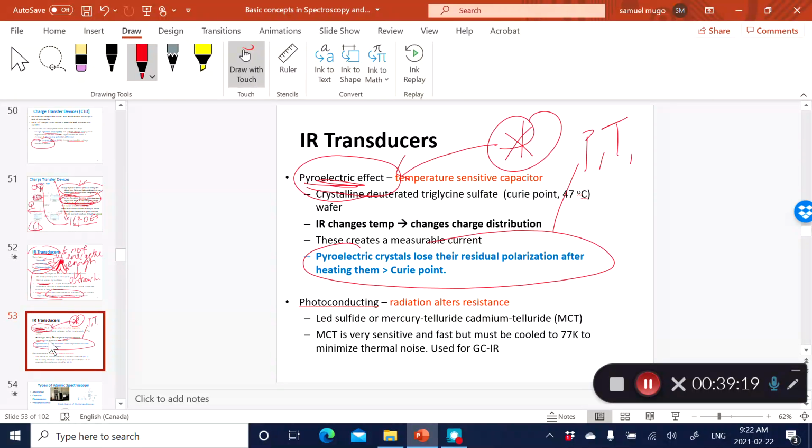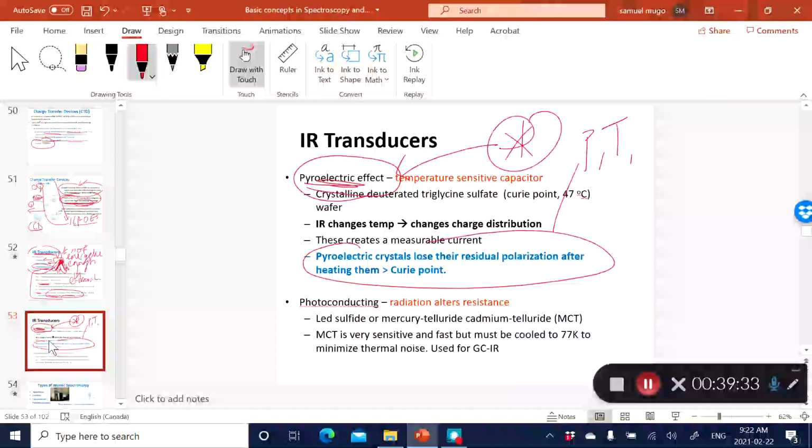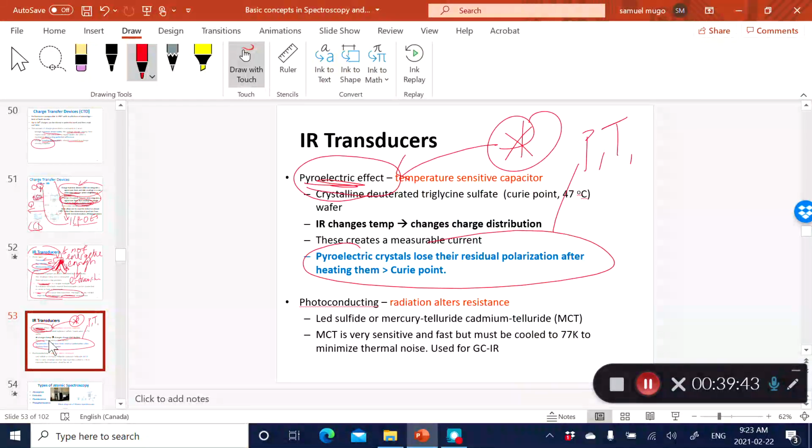If you bend the material, there is a change of polarity because the electron distribution in that material changes. These are materials with a dipole moment, meaning if I apply some form of pressure, there is a redistribution of electrons within that material, and that creates a potential difference that you can measure. That's what you refer to as the pyroelectric effect.